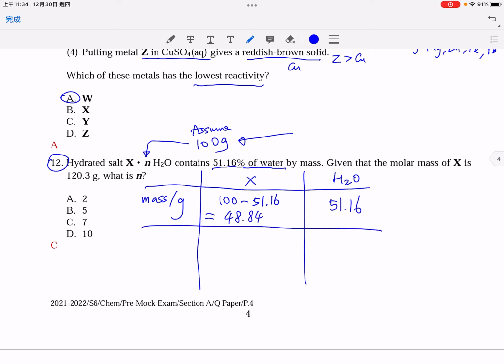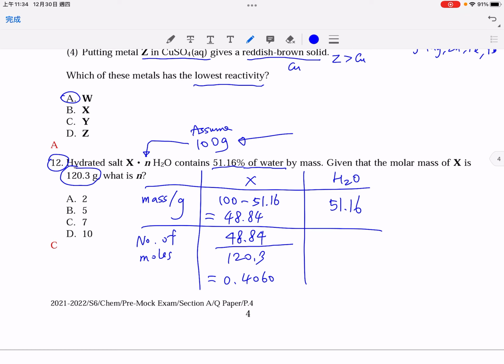This is just the mass. Of course, we have to find the number of moles. So for X, mass divided by the molar mass, that gives such a number.